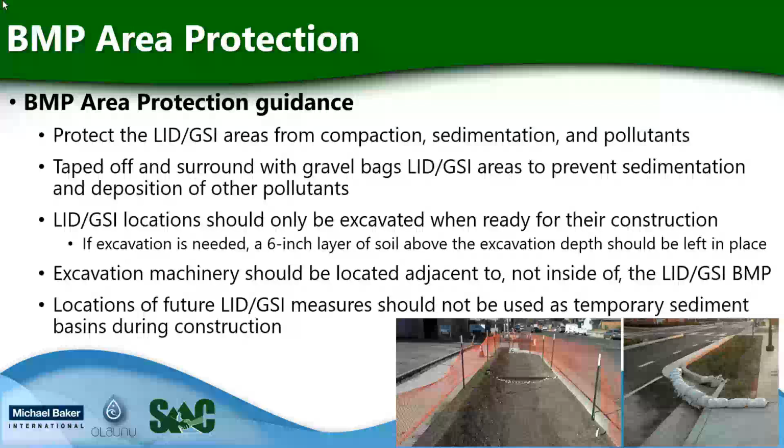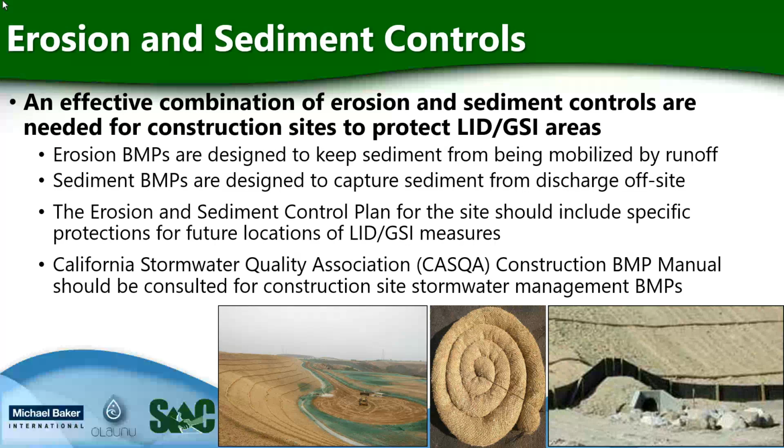Erosion and sediment controls are a critical component to LID and GSI construction sites. We need an effective combination of both erosion and sediment controls to protect the LID and GSI areas. Erosion BMPs are designed to keep sediment from being mobilized in their natural location, and sediment BMPs are designed to capture sediment from discharging off your construction site.